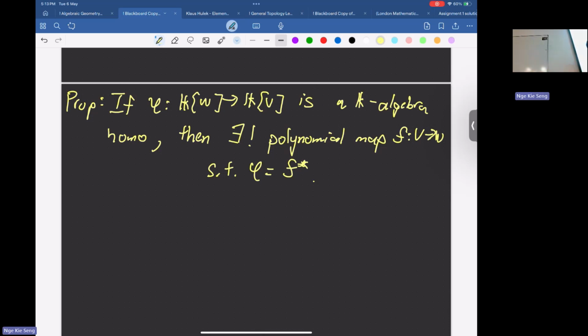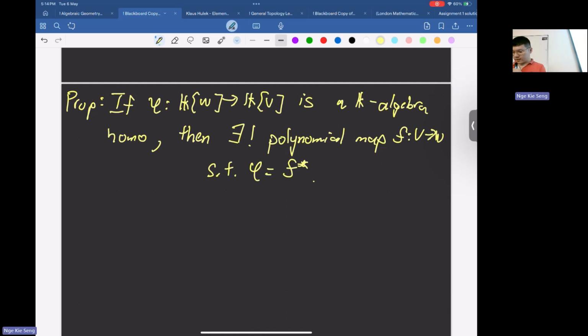If I tell you that there's a map between these coordinate rings, how should we cook up a polynomial map such that it works?